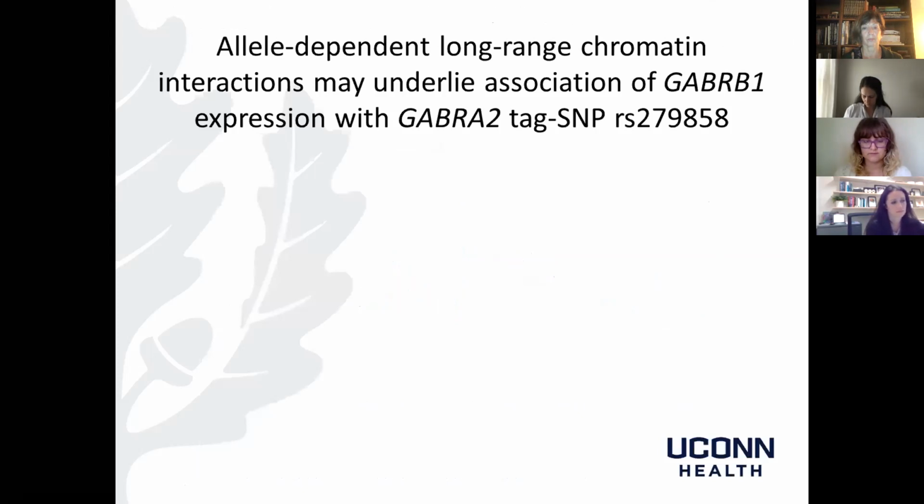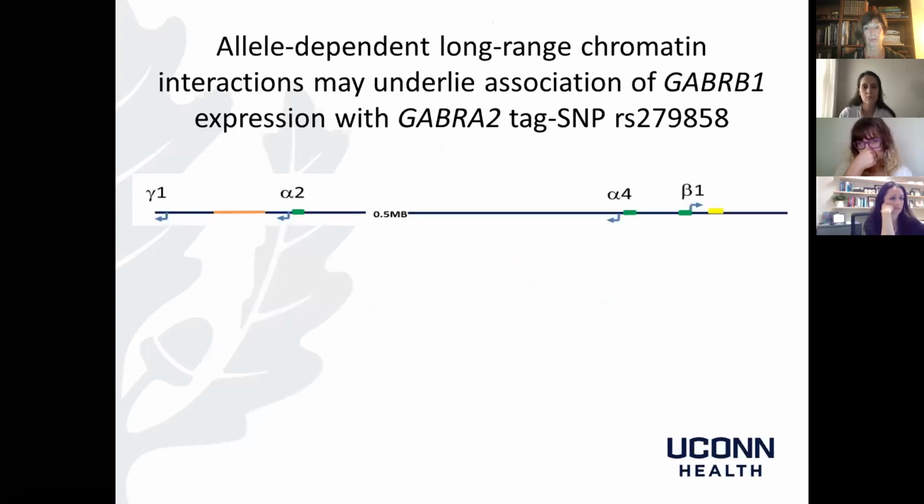This allowed us to form a model, which I showed 2 years ago in a talk that I was very grateful to give to the society, such that there are allele-dependent long-range chromatin interactions that are brain-specific that could underlie the association of beta-1 expression with the tag SNP RS279858 in GABRA2.